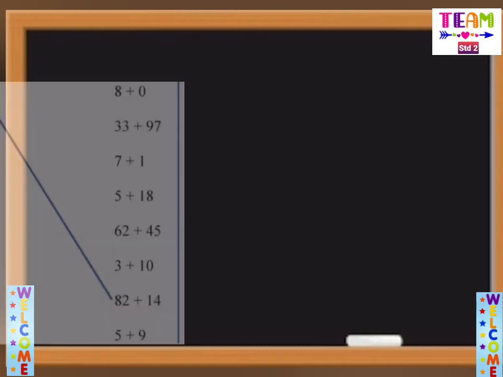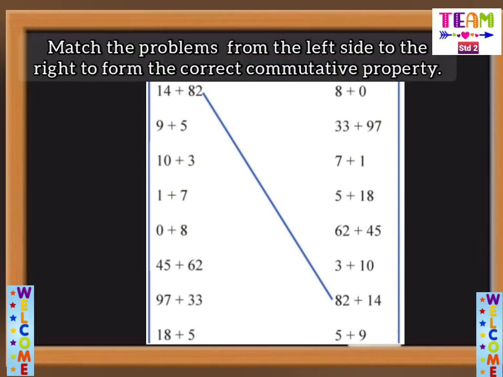Now for our activity, we are going to match the problems from the left side to the right side to form the correct commutative property. For example, we have 14 plus 82. First, we have 14, then we have the number 82. And it is matched to 82 plus 14.